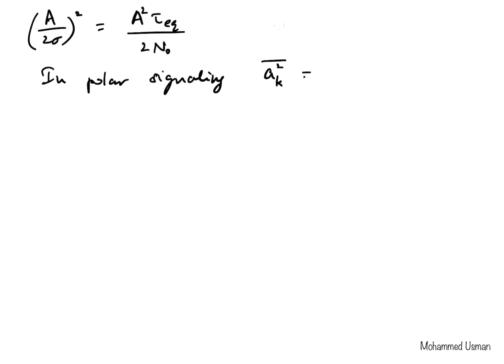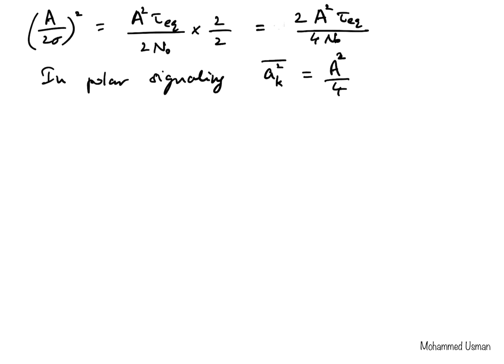this term ak square bar is equal to a square by 4, but we do not have a 4 in the denominator here, so to make a 4 there, we are just going to multiply and divide this by 2. So we'll make it, let's say, into 2 divided by 2. 2 by 2 is 1, right? So multiplying anything by 1 doesn't change its value. So now we can have this as 2 a square tau equivalent by 4 n naught.